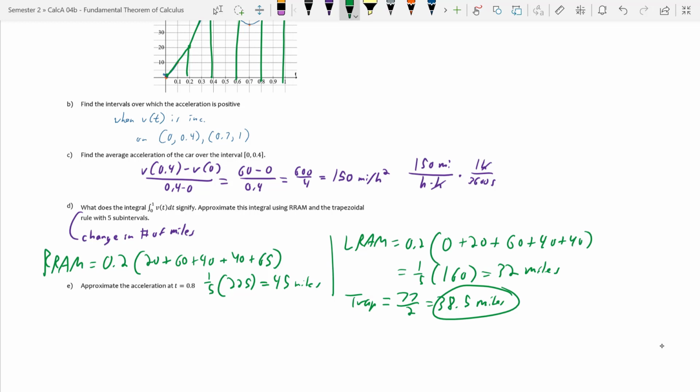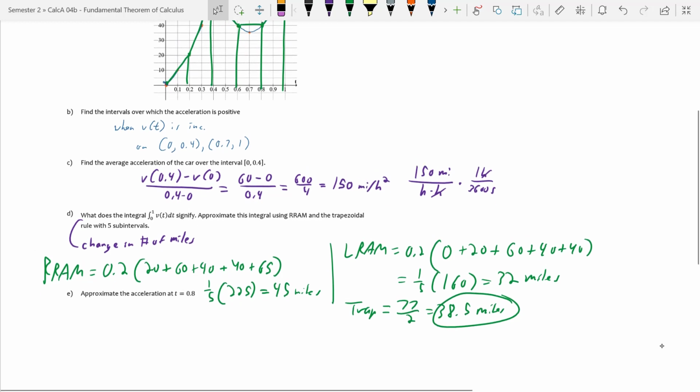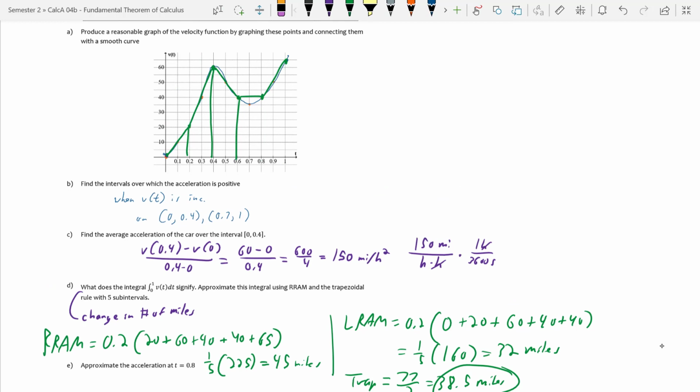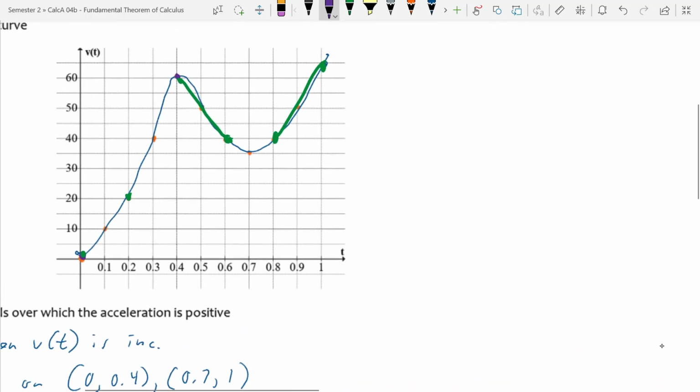Okay, and then finally approximate the acceleration at t is equal to 0.8. I don't know the acceleration at t equals 0.8. Let me kind of erase these lines. Guys, just stick with me for a little bit longer. So if I go t equals 0.8, going on this graph, I can figure out what this slope is and what this slope is, because acceleration is the instantaneous rate of change at that point, but I don't know that, so I have to average the two around it.